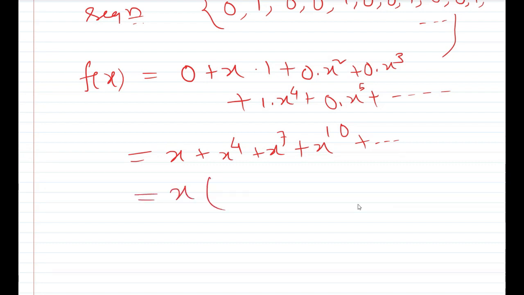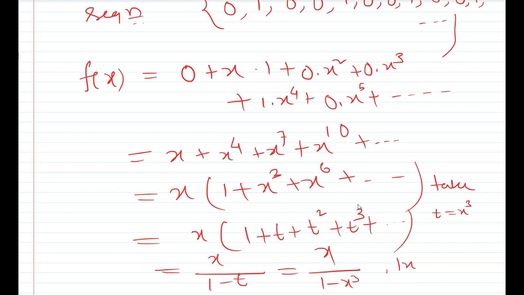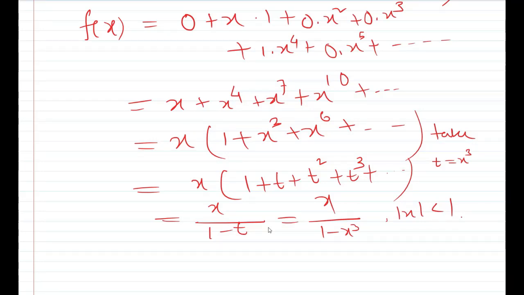If we take x common, this will be x into (1 plus x to the power 3 plus x to the power 6 and so on). Now take t equal to x to the power 3, so x into (1 plus t plus t square plus t cube and so on). This equals x by (1 minus t), which is x by (1 minus x cube). And this sum is valid when mod x is less than 1. So this is the answer.